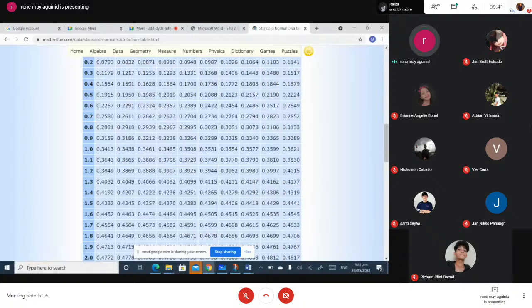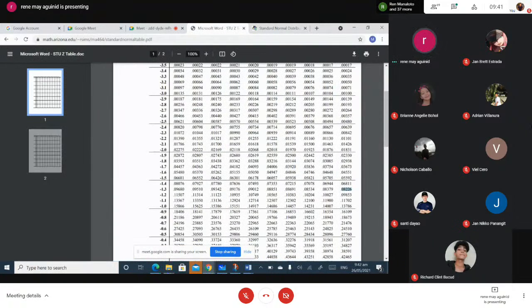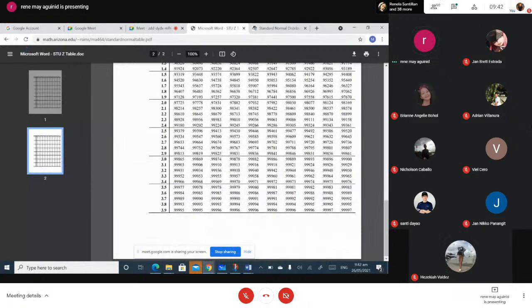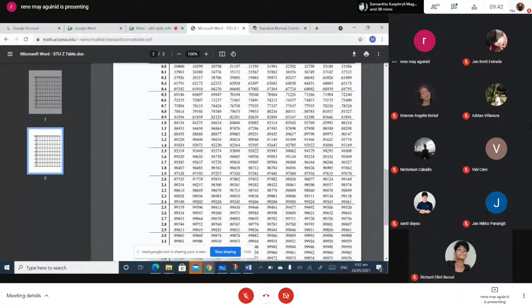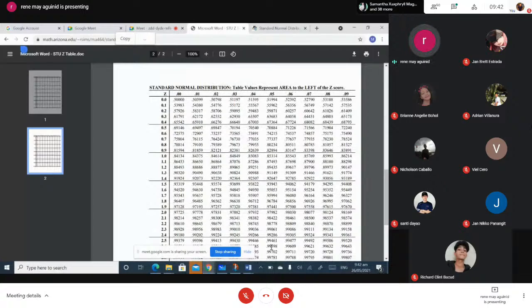We have it here. If the 1 here has 5 digits, no problem. We'll consider only the 4 digits, since this part is from left to right, minus 0.5 to get the area of that 0.3413.